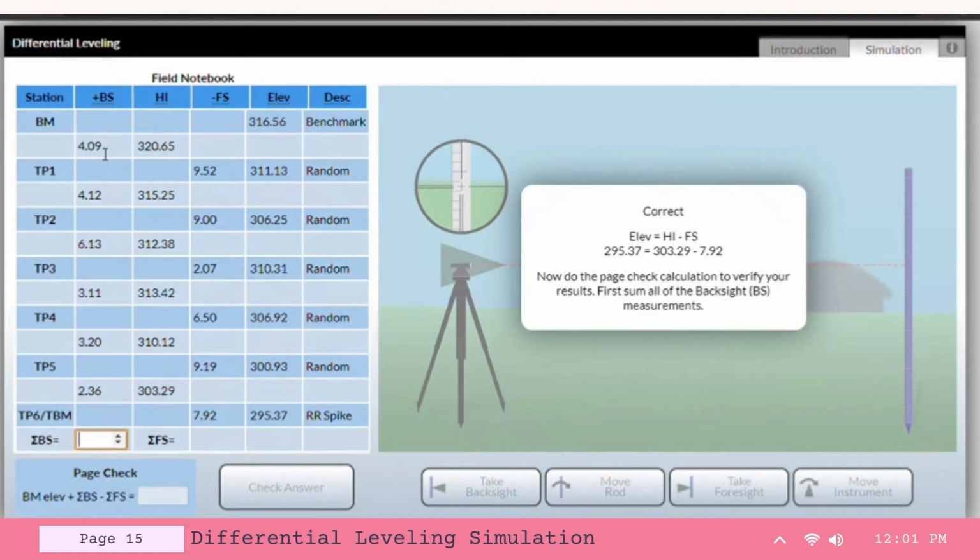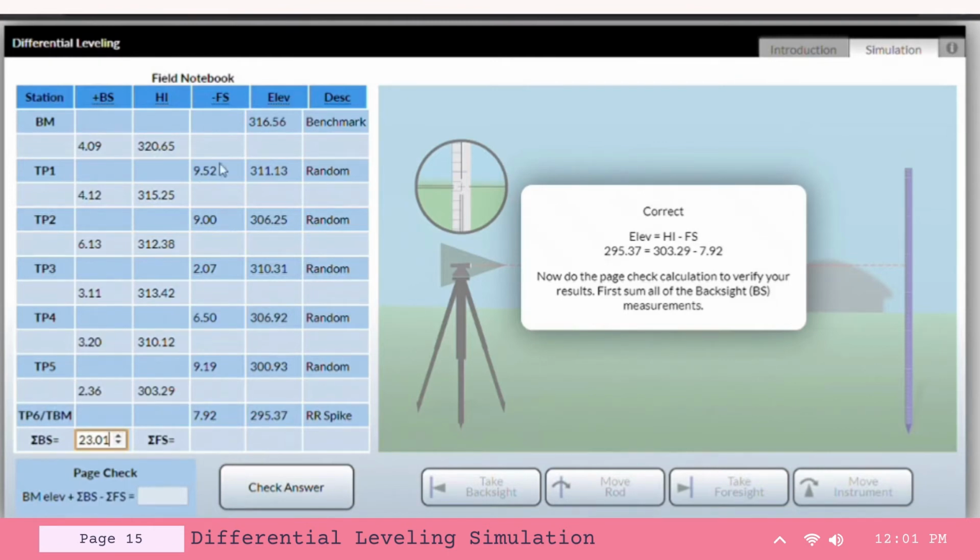So we have 23.01. Let me check first: 4.09, 4.12, 6.13, 3.11, 3.20, 2.36. So a total of 23.01.